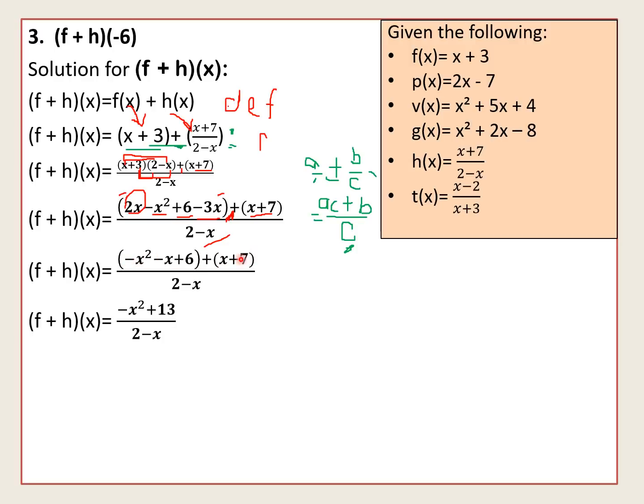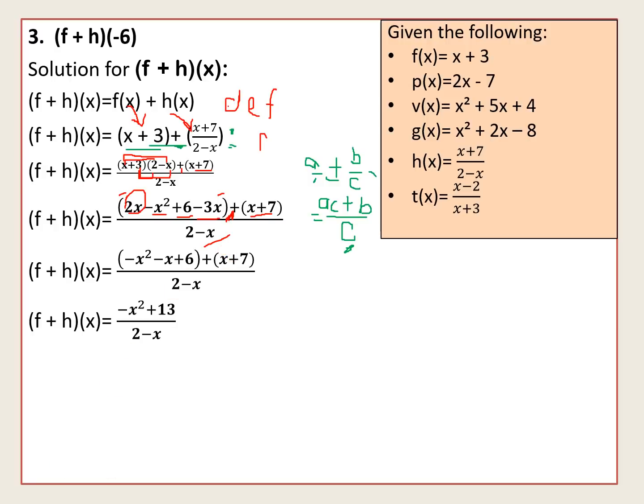Tama? Therefore, ipag-add na natin yan, yung similar terms. Ano yung similar terms dito? We have negative x and positive x, same as with the constants, 6 and 7. Tama? So, rewrite negative x squared kasi wala naman siya kasama. Then, negative x plus x is 0.